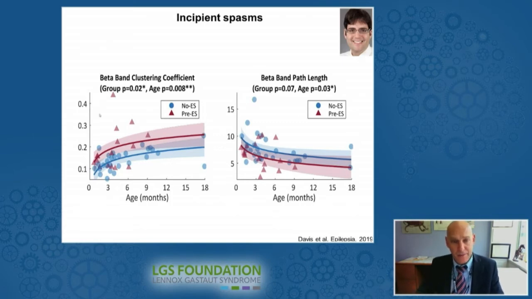And you can see that these groups are separated somewhat on the basis of these metrics, just like they were separable to some degree on the basis of connectivity. But other than maybe used as a potential biomarker, I think what this tells us is that as a facilitating mechanism, or maybe even as a prerequisite prior to the onset of spasms, you need to have a certain amount of synchronization in order for seizures to be generalized.